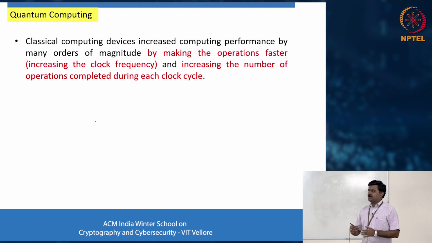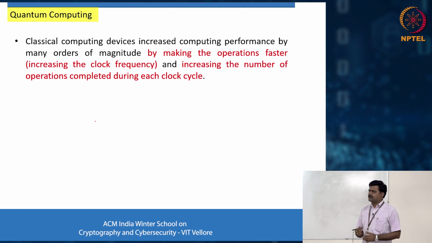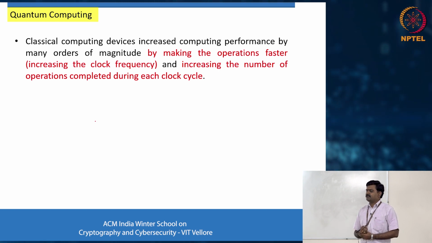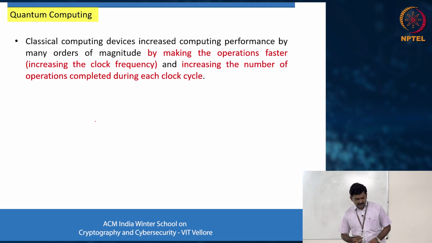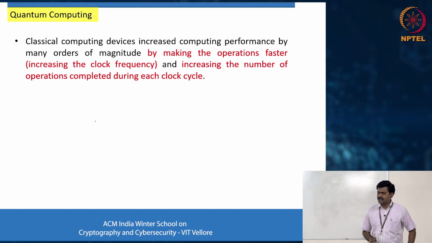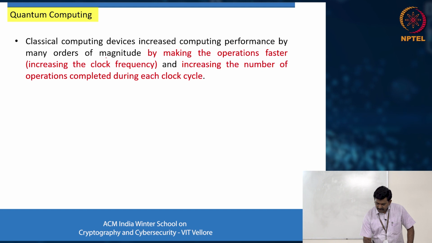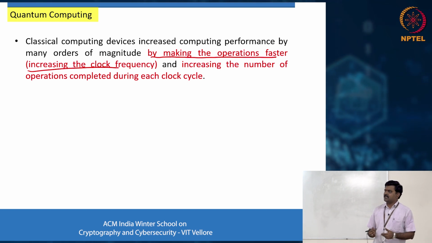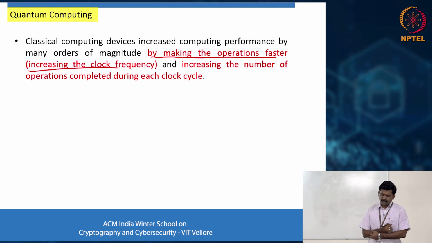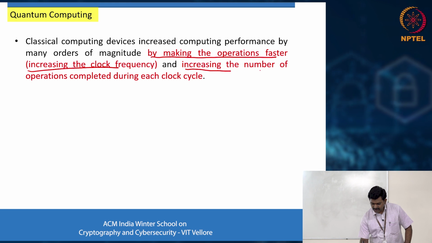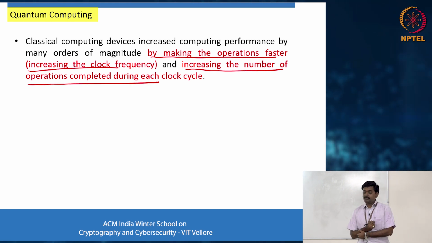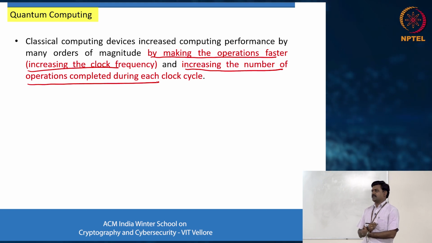Now, we all have heard or read that quantum computing is trying to provide massive computing power. First of all, how do we achieve higher computational power? In general, for classical computers, we can increase the computational power by making the operation faster. That means you can increase the CPU clock frequency, or you can also increase the number of operations completed during each clock cycle.